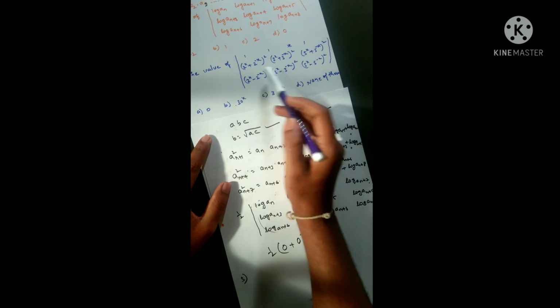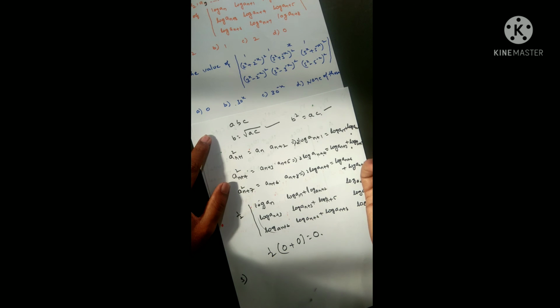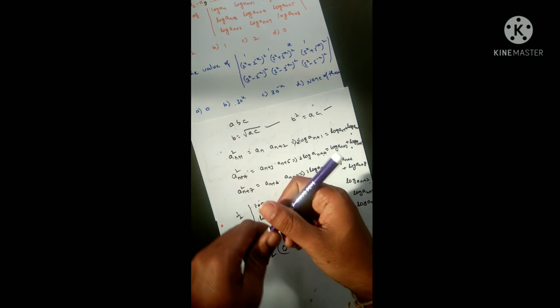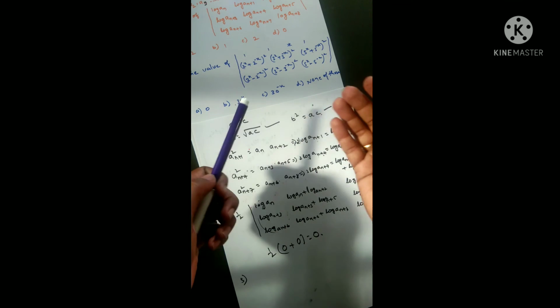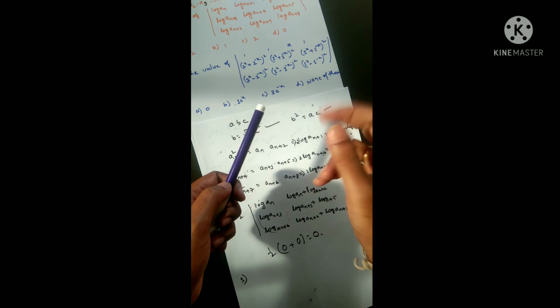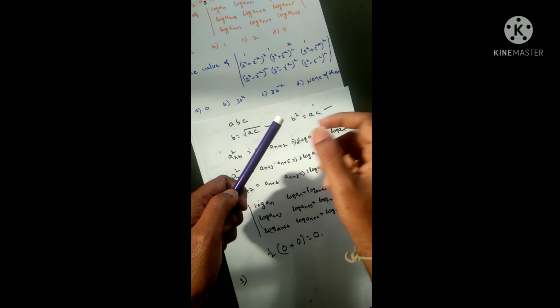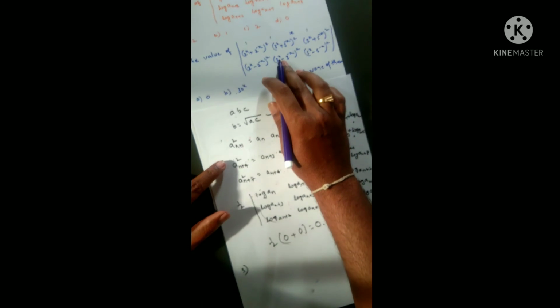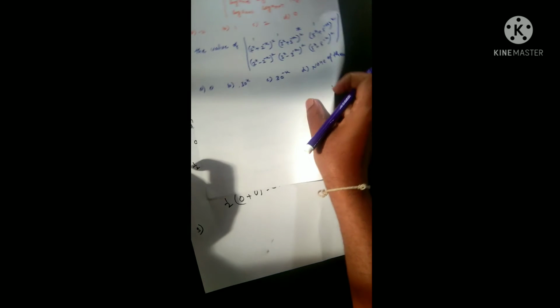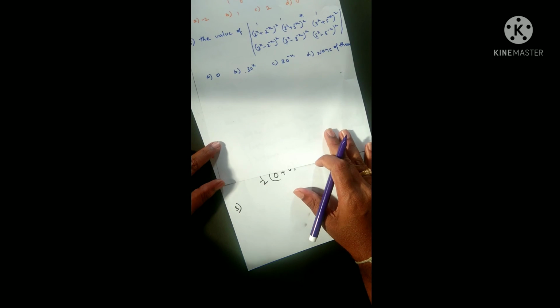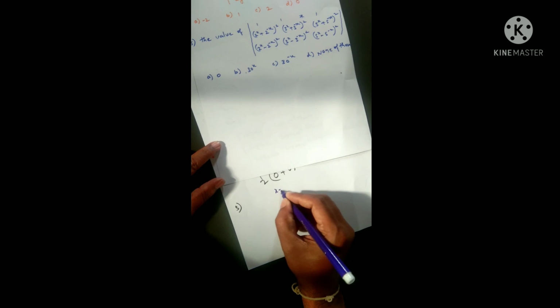Next, let me move on to the fifth example. What is the value of this determinant? Here is one easy trick. There are two ways to do this, but it is better to go the easy way. If you fill the x value as 0, what will happen?